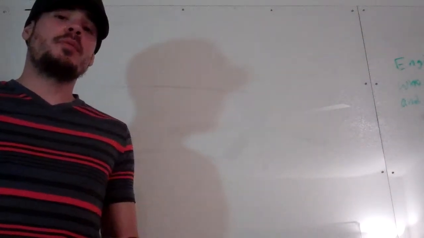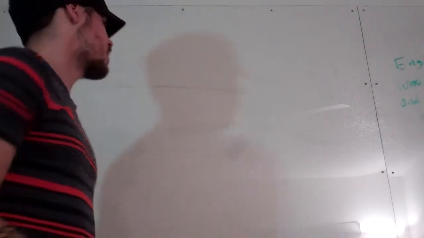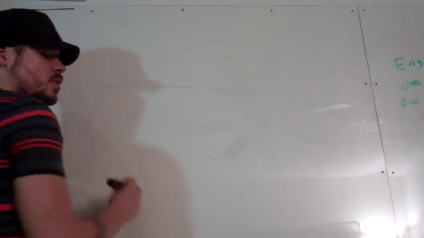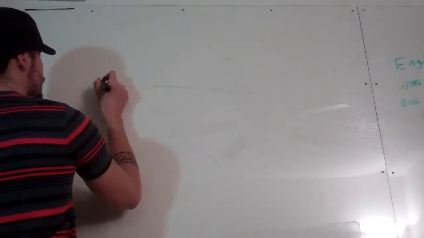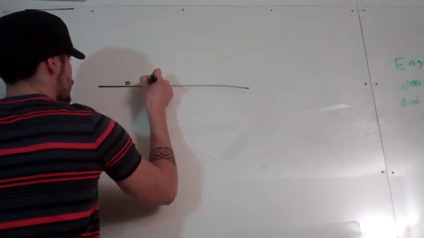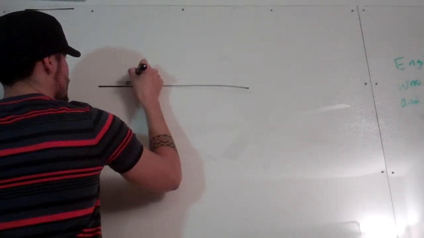I'm going to solve a problem using Newton's second law. Suppose we know some skateboarder that skates. Let's draw our little skateboard here.